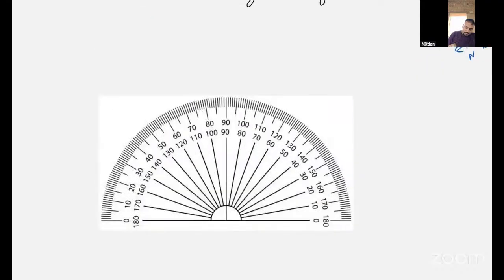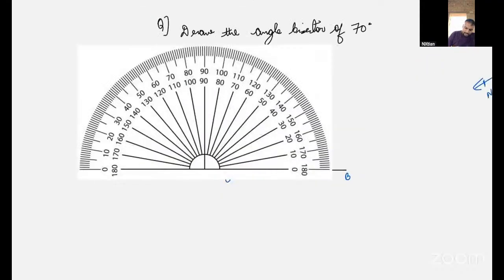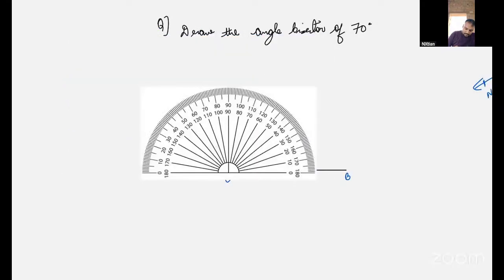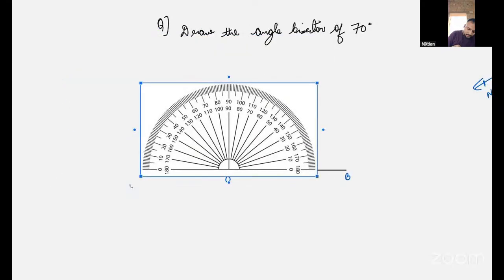So for example, this is my protractor. How will I use this now? I didn't understand what you meant by that. Like this.